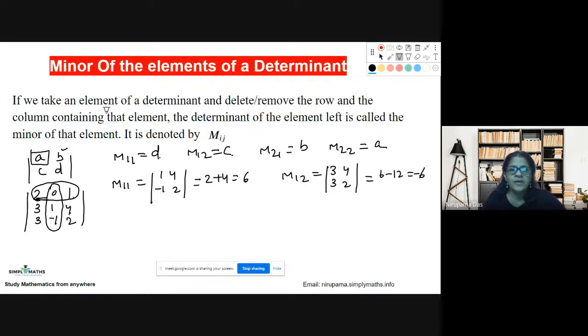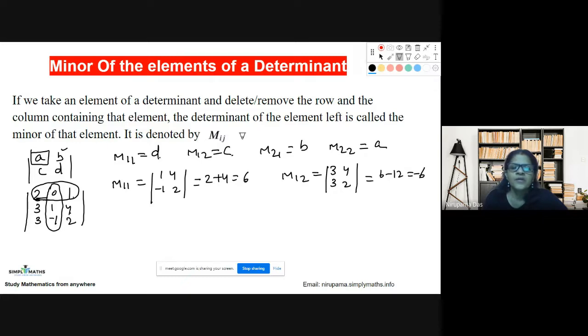If we take an element of a determinant and delete or remove, or you can write suppress, or do not consider, the row and the column containing that element, the determinant of the elements left is called the minor of that element.